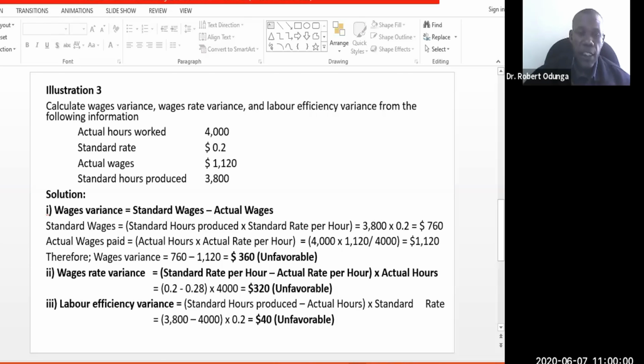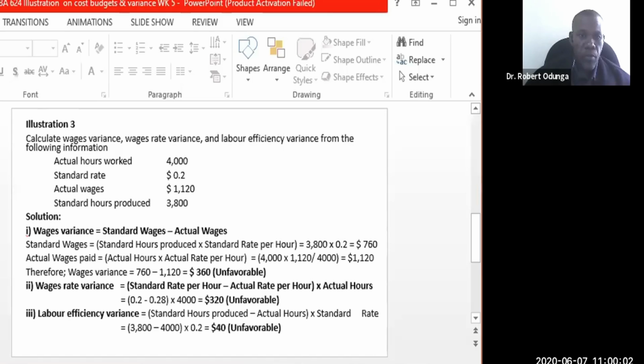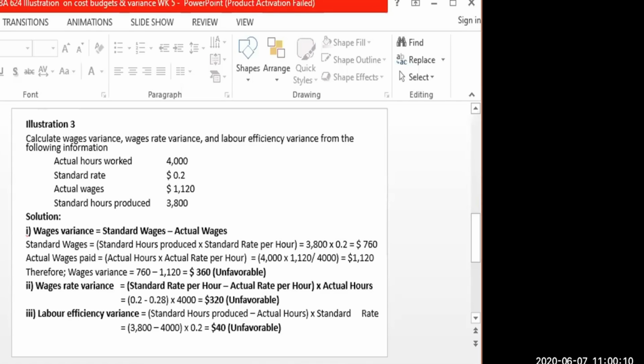Okay, so I just want to share the illustration. Illustration 3, we are asked to calculate wages variance, wages rate variance, and labor efficiency variance. So wages is the same as labor.